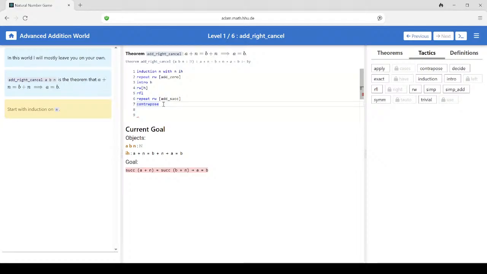Successor A plus n equals successor B plus n implies A equals B. Not A equals B implies that the successor A plus n does not equal the successor B plus n.